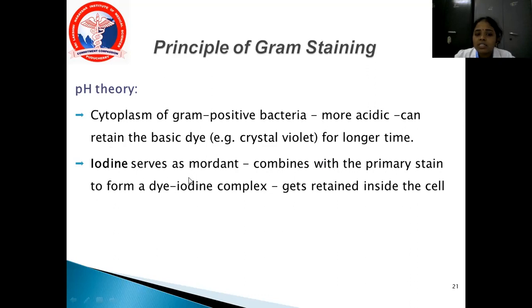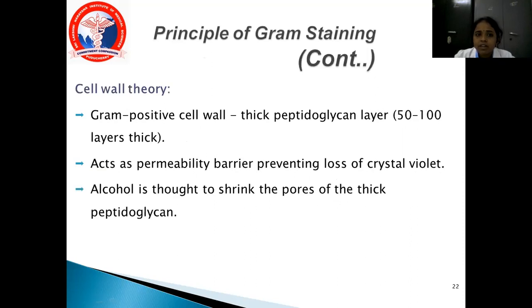And iodine serves as a mordant that combines with the primary stain to form the diiodine complex, that I told you, the CVI complex, to retain the stain inside the cell.